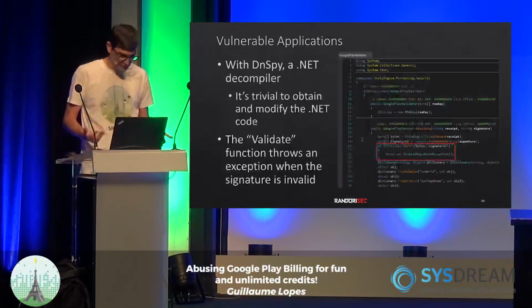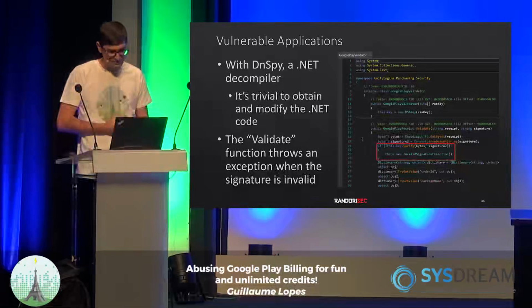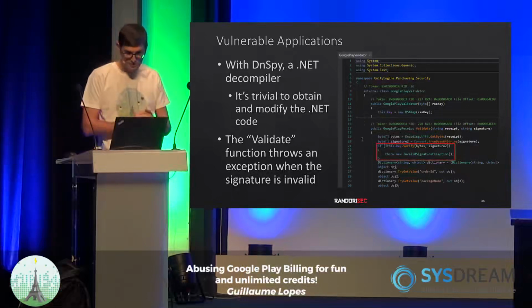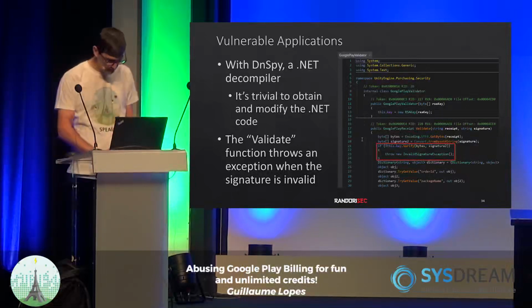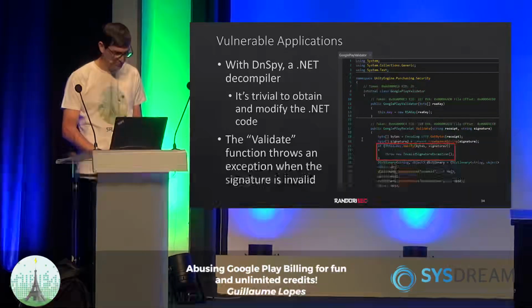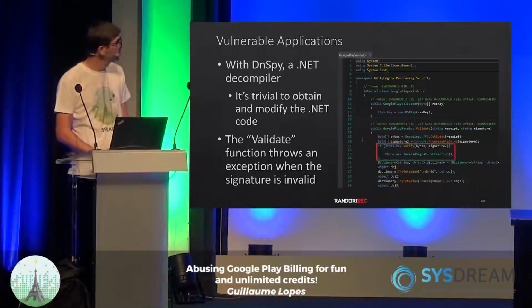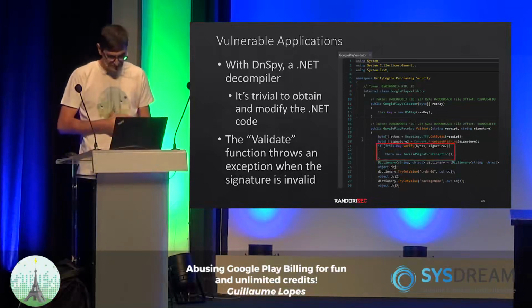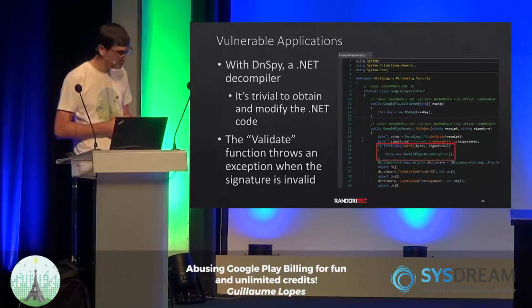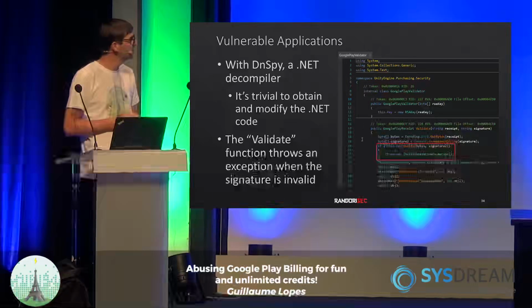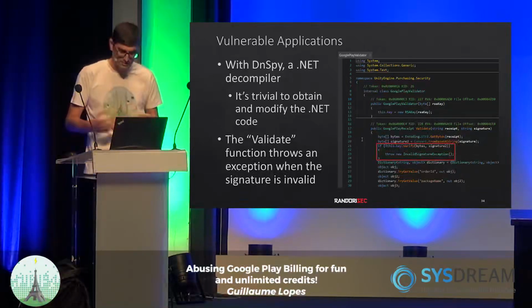So we can use, for instance, a well-known tool called dnSpy, which is a .NET decompiler. So we can obtain the C# code without any issue. And in red here, you can see that if the signature verification is not good, an exception is thrown called InvalidSignatureException, and so the payment is not done.